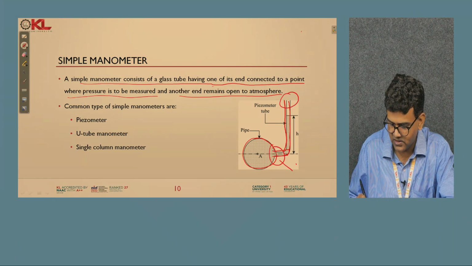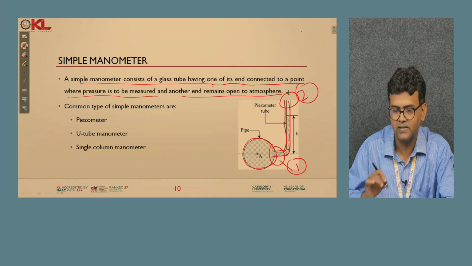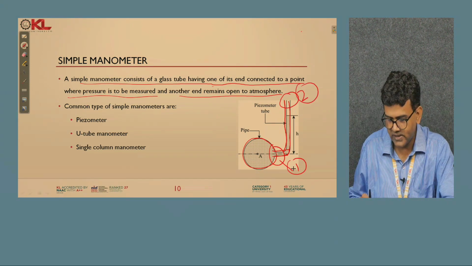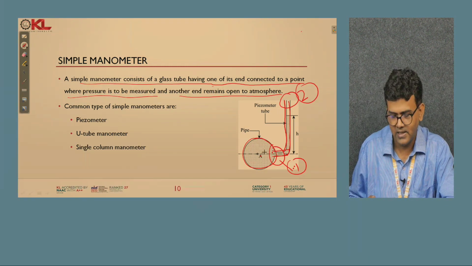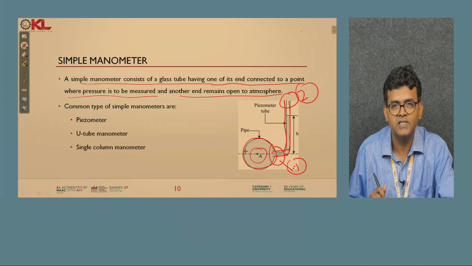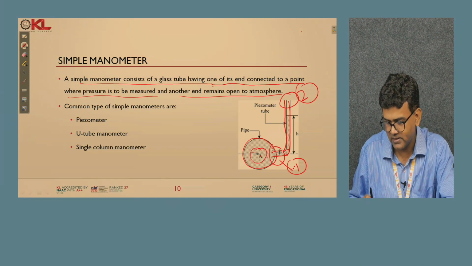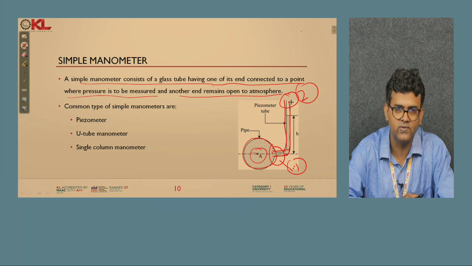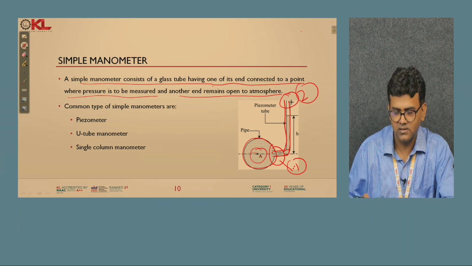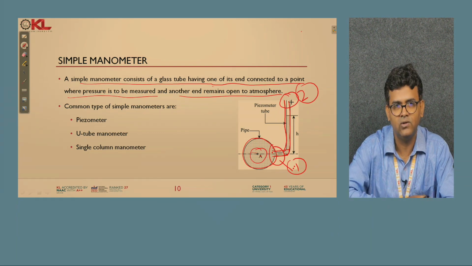One end is connected to the pipe where the pressure has to be measured, at point A, and the other end is open to atmosphere. So that is the picture view of the simple manometer.